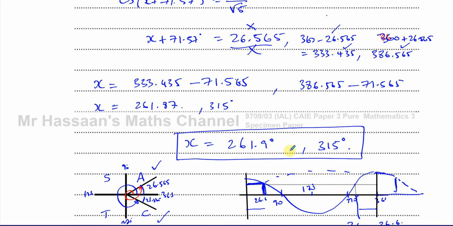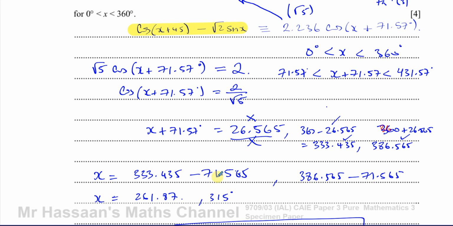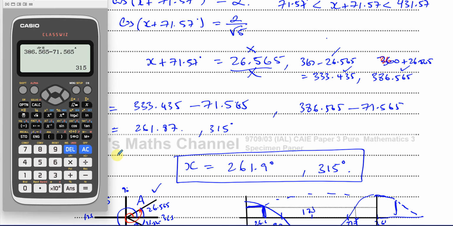But supposing we had used the exact value just to show what would have happened, that would have been 360 plus this. Okay, yeah, it would have given us exact 675. That's fine. Leave it like that.